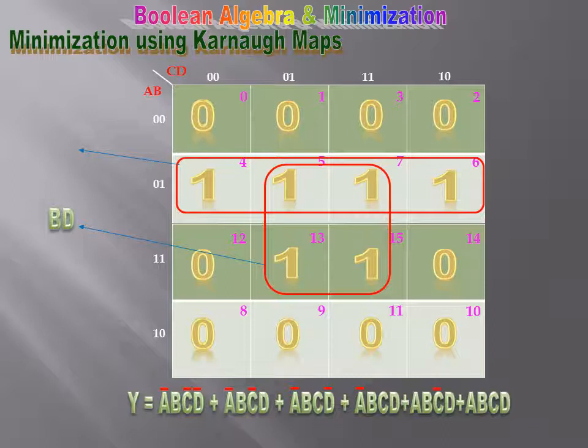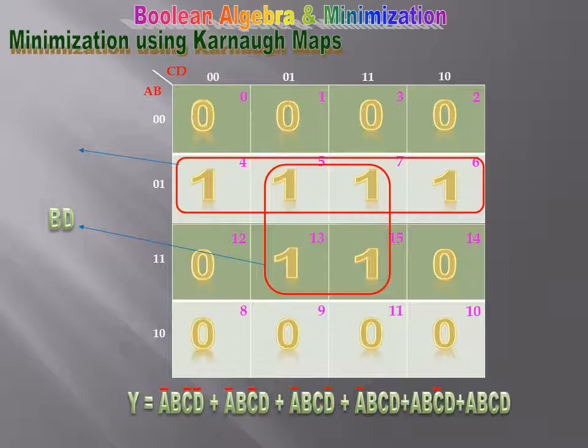The variable that vanishes on the AB side is A and A bar, and B remains in the horizontal direction, and in the vertical direction C and C bar will go.